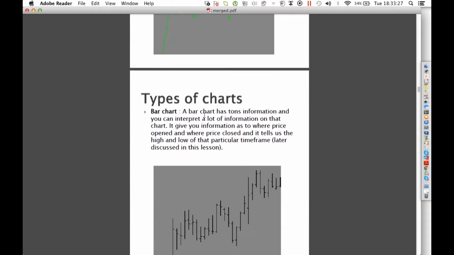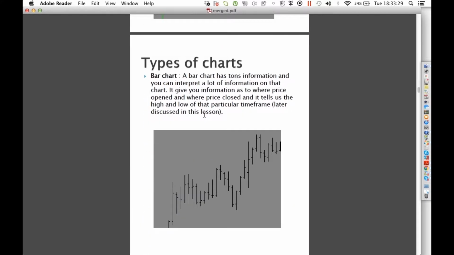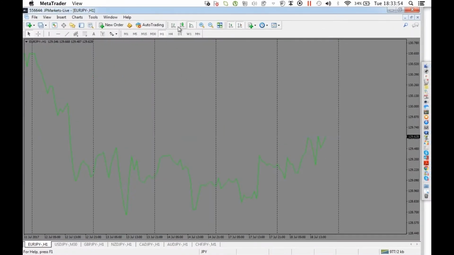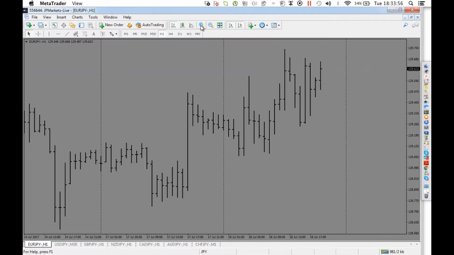Another type of chart we get is a bar chart. A bar chart has tons of information, and you can interpret a lot of information on that chart. It gives you information as to where price opened and where price closed, and it tells us the highs and lows of that particular time frame. So here, for example, is the bar chart.